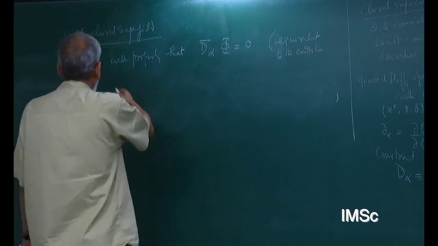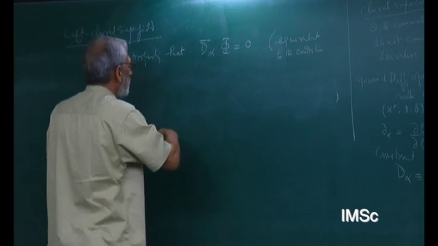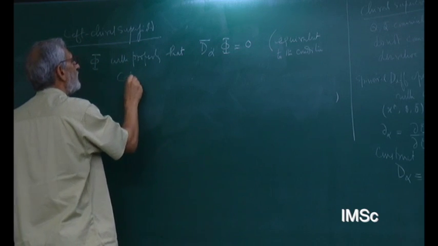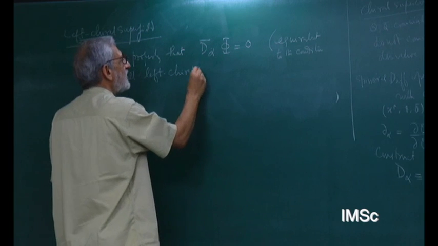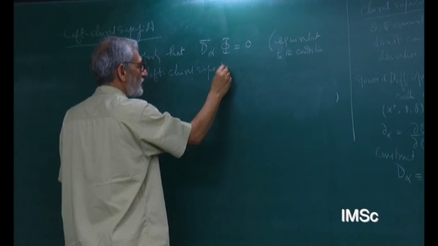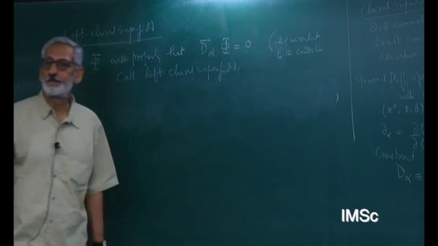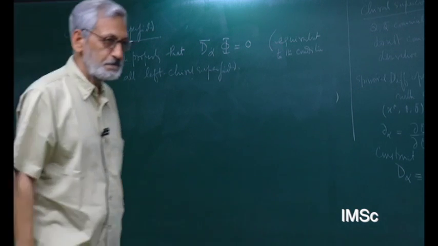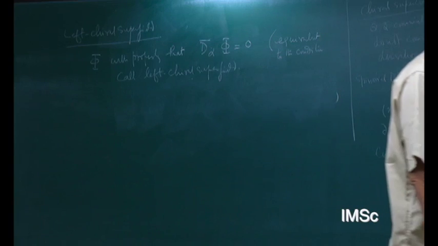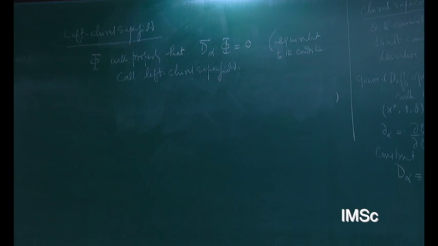Now, a phi that satisfies this condition, we call a left chiral superfield. So if I try to act with the supercharges on this supermultiplet, only the Q charges will transform it, and the Q bar charges will give zero.